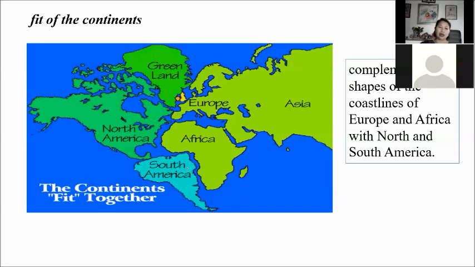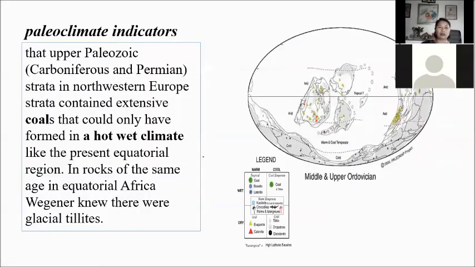Na pinaghihiwalay, no? Especially this part ng Africa and South America, this part of Africa with the North America, and part of this Africa with Europe. No, that's fit of the continents, fitting of continents. Ito yung first evidence ng continental drift.